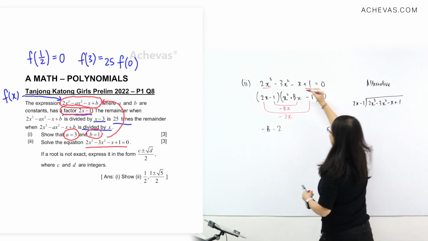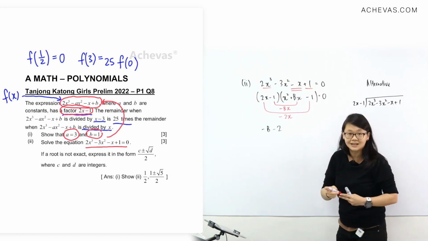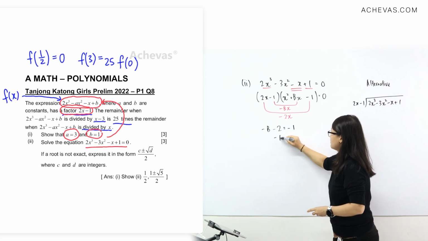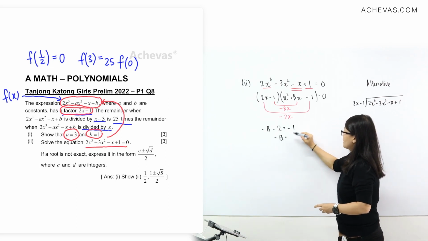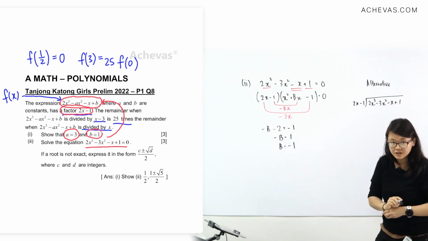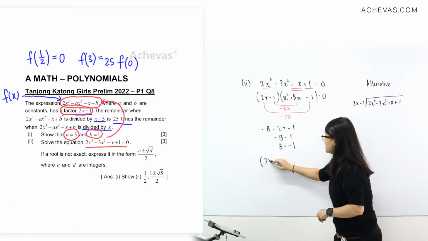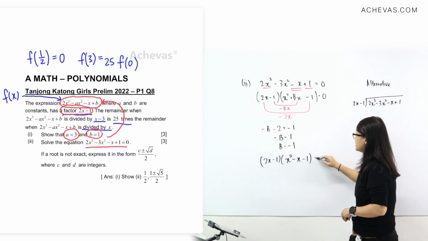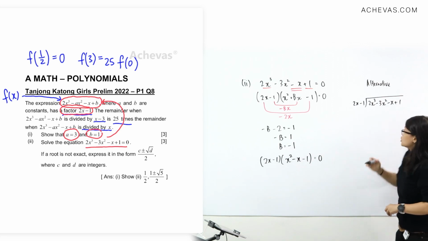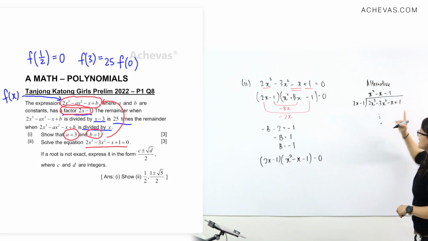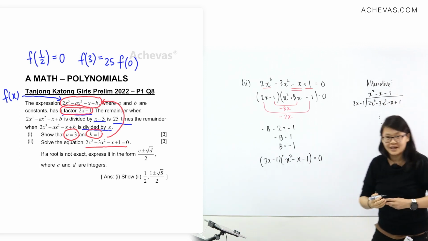The coefficient on top here is a negative 1, so I'm going to equate this to a negative 1. So negative B, move the 2 over, so 2 minus 1 is going to be 1. So B is going to be a negative 1. Now putting back in the B value, I'll get my quadratic factor as x squared minus x minus 1. If you do a long division here, you should be getting this quadratic factor as well. This will be your alternative.